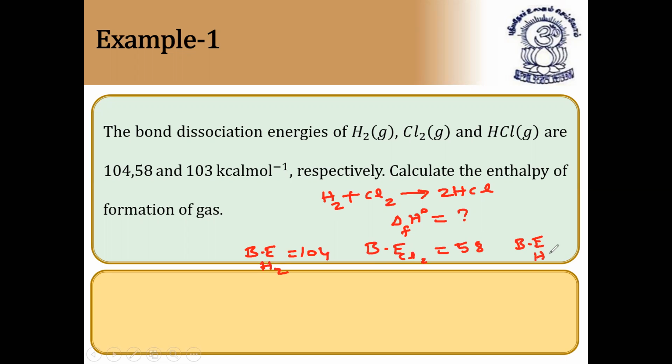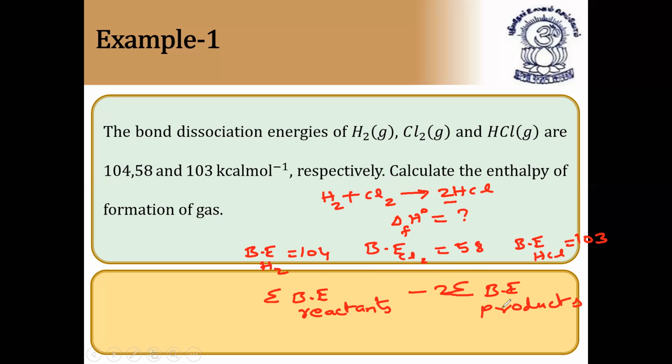So simply, we can take sigma of bond enthalpies of reactants minus sigma of bond enthalpies of products. But here we have to multiply by 2, because 2 moles of HCl are formed.